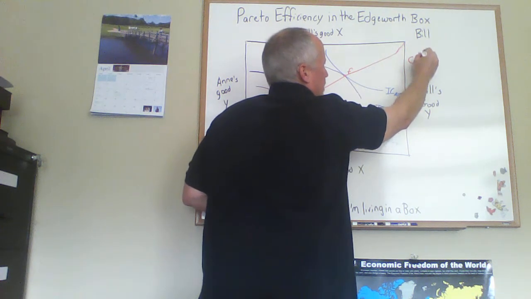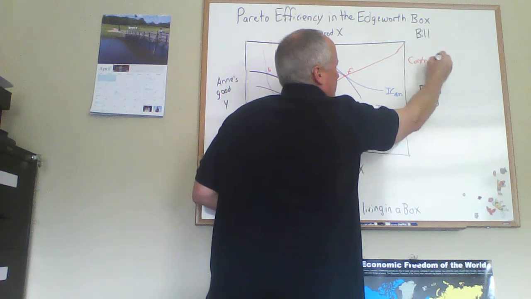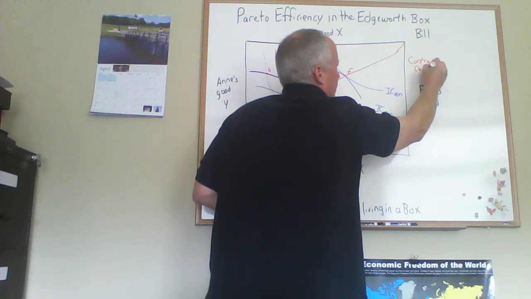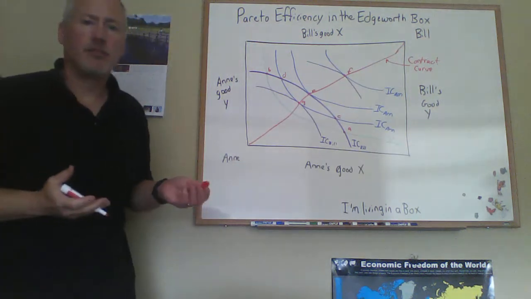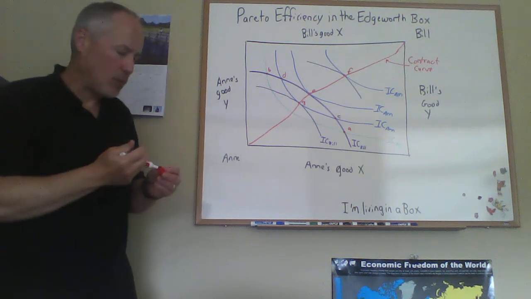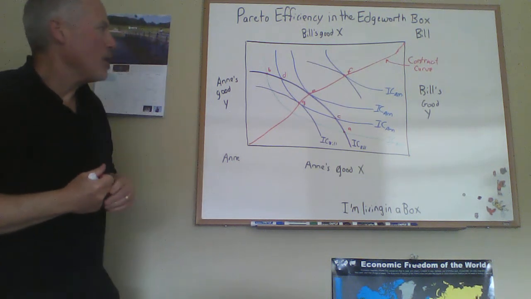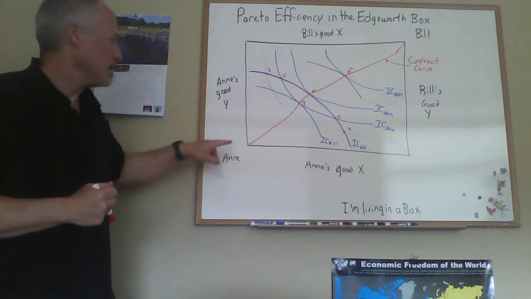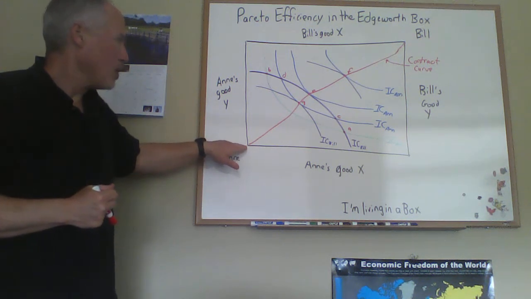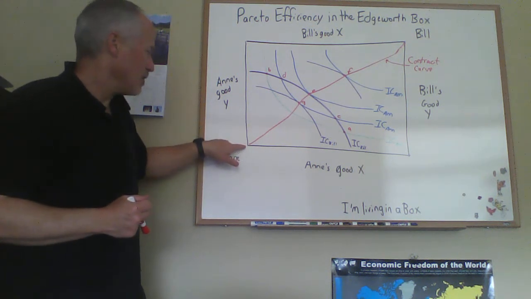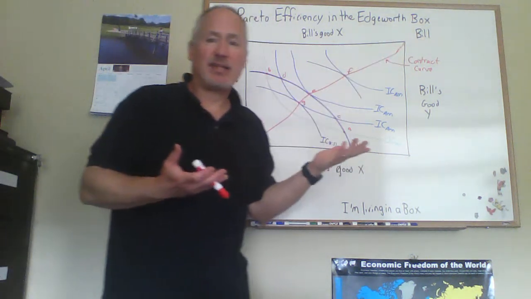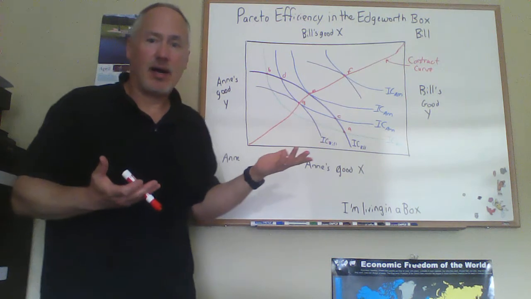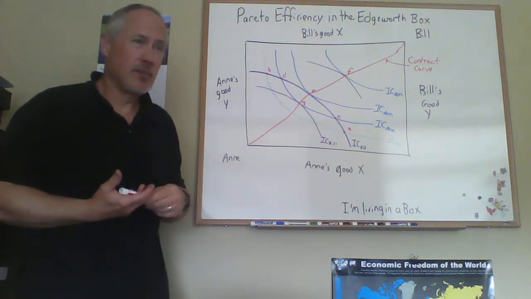And this gets a special term: the contract curve, or the set of Pareto optimal points. Now, one thing we can see about Pareto optimality is that both corners of the box, this corner down here where Ann has nothing, and this corner up here where Bill has nothing, are both Pareto optimal or Pareto efficient.